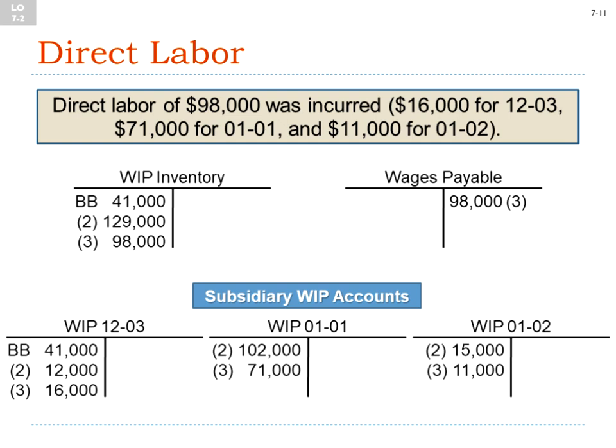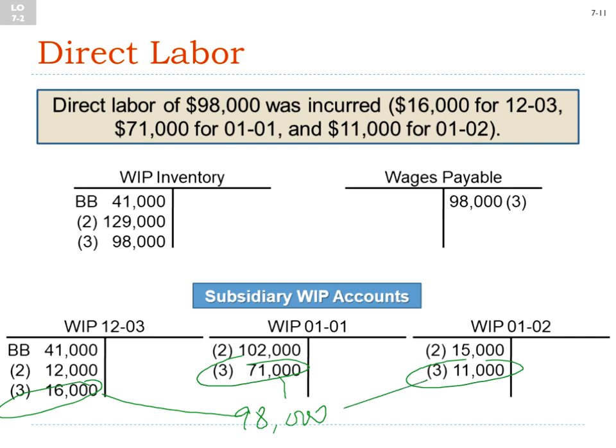So again, you can check this by adding up the 16 and the 71 and 11, and that will bring you to 98,000 total. All right, so that matches the direct labor amount that was given to us in the fact pattern.